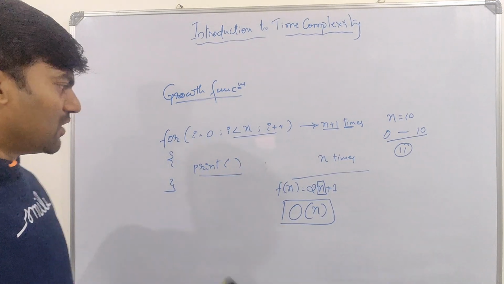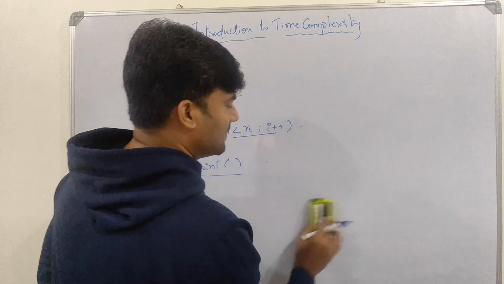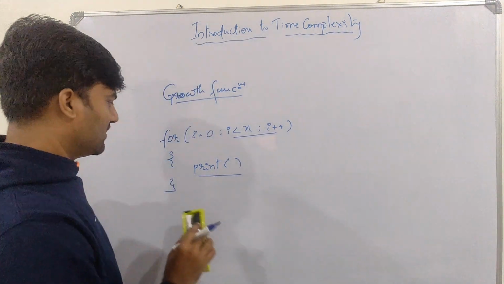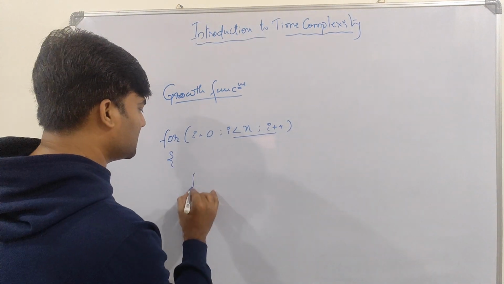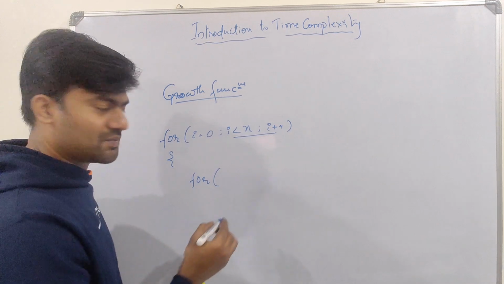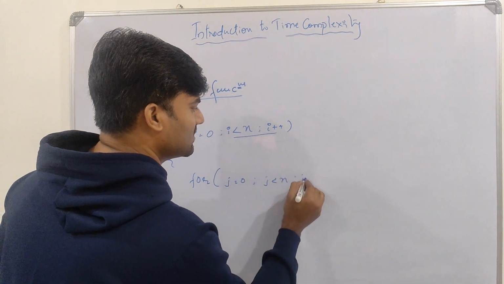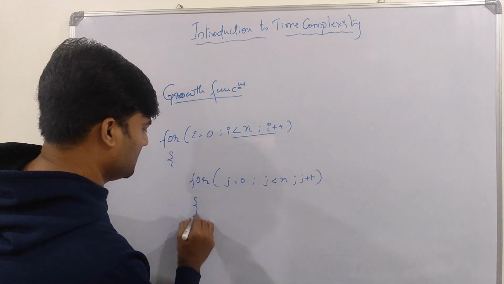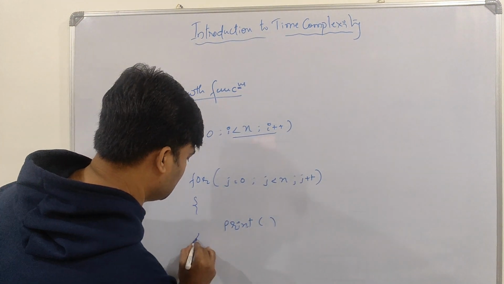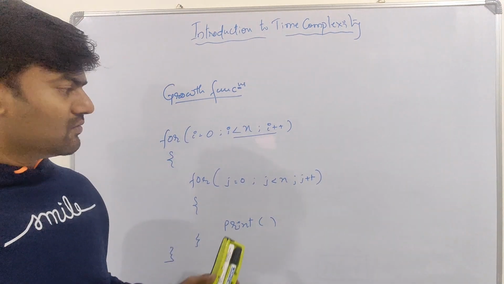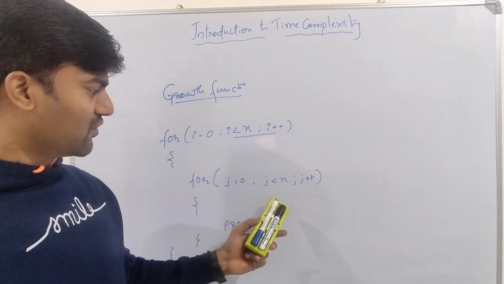Okay, let us take one more example. Now let us take a little bit more complicated one. Till now we had only one for loop, and now we will assume there are two for loops. So j equal to 0, j less than n, j plus plus. Now we are going to print something here. How do we compute the execution time for this one?